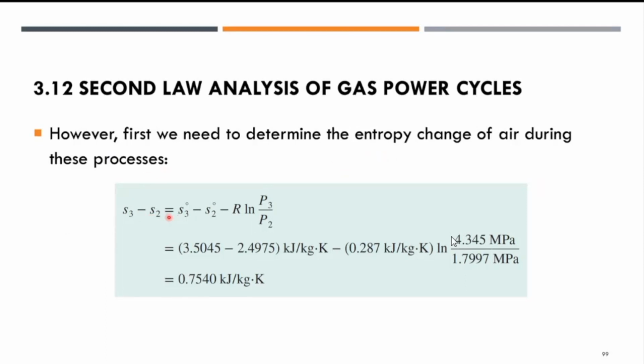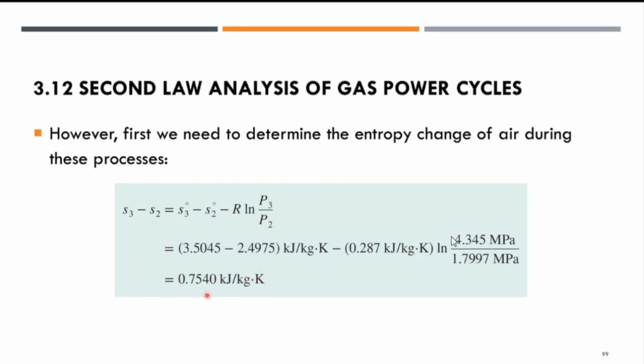You include the value of entropy at s3 naught and s2 naught over there, and inputting all the values, you get the difference between entropy at stations 3 and 2 to become this value.